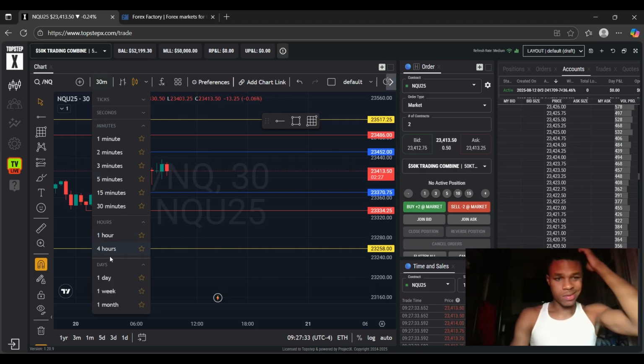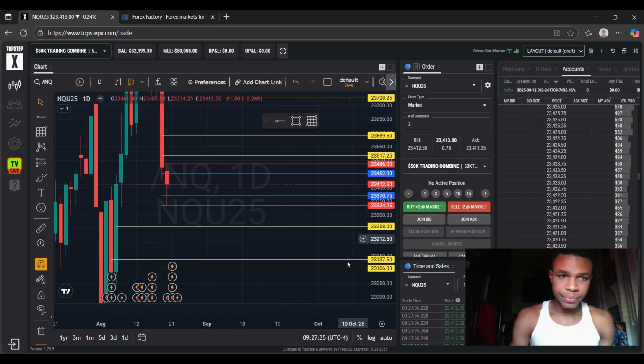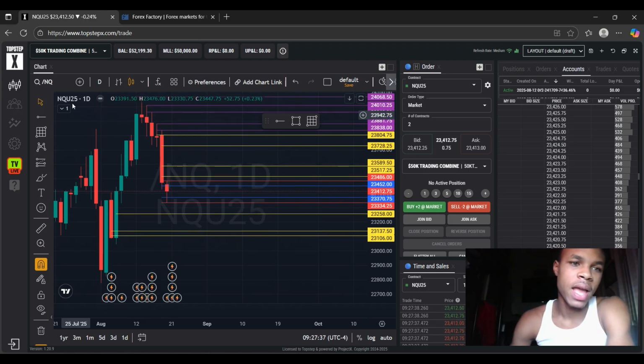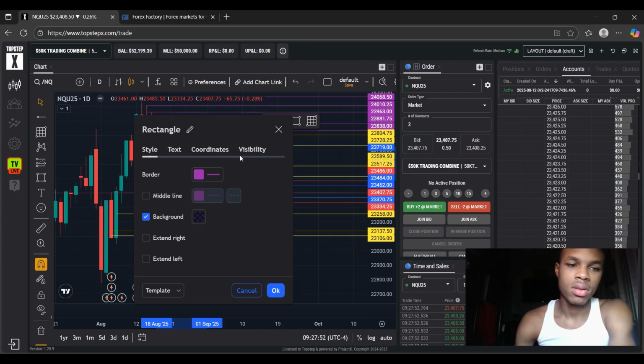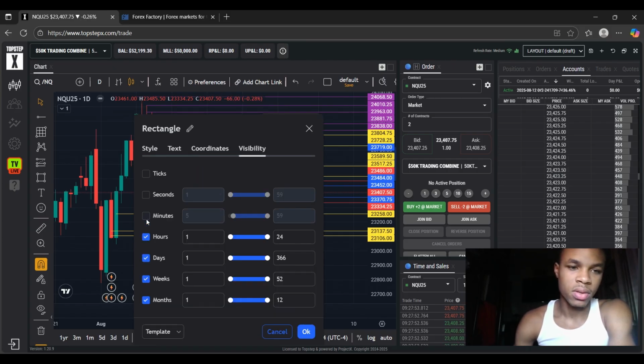But looking at the 1 day, there are so many fair value gaps that have to get filled. Like that's another thing. We have this fair value gap right here. We have this daily fair value gap at price. This is only on the daily.